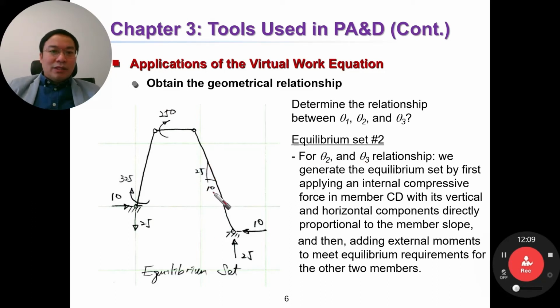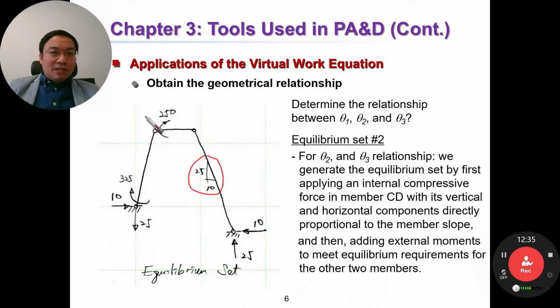And now we try 10 and 25. Then, by this force, we can determine a reaction force or internal force in other members, including the external moment and reaction in other members.